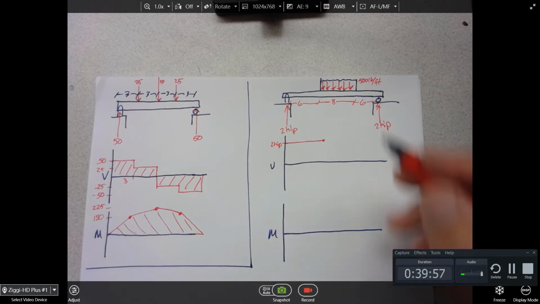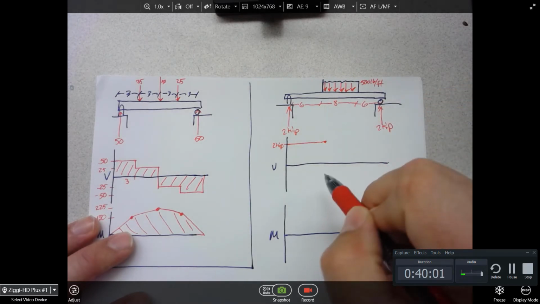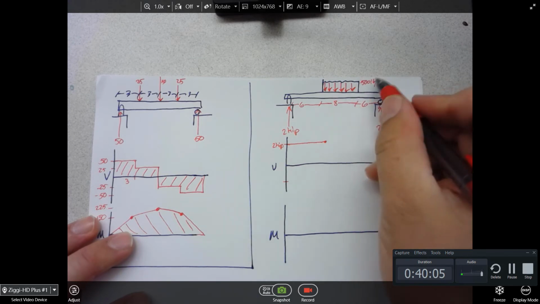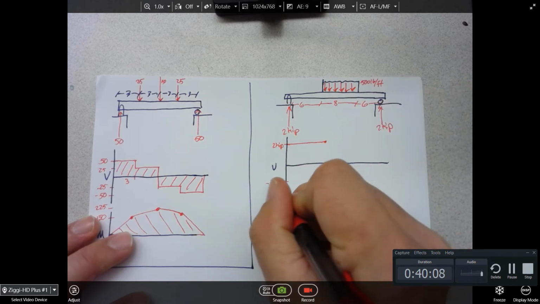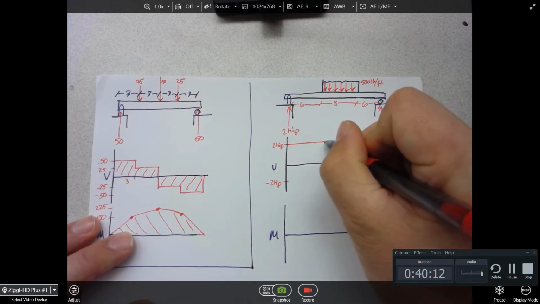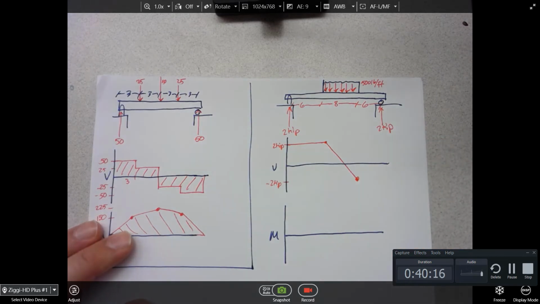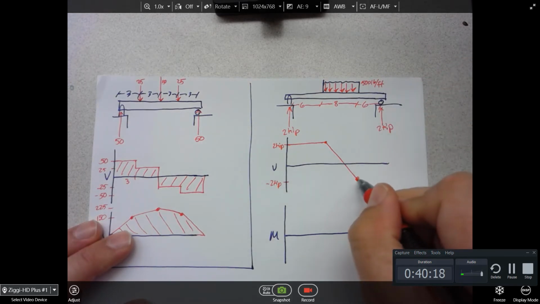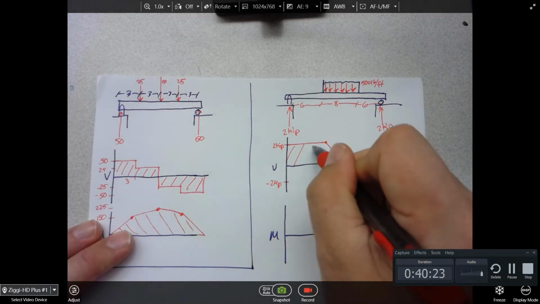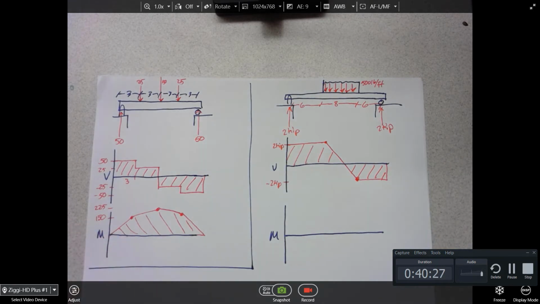So we have a slope of negative 500, okay? And we're going to do that slope for 8 feet. So 8 times 500, that's the change we'll experience, is 4,000. So I'm going to end up at negative 2 kip. Okay? Then nothing happens, and I jump up.